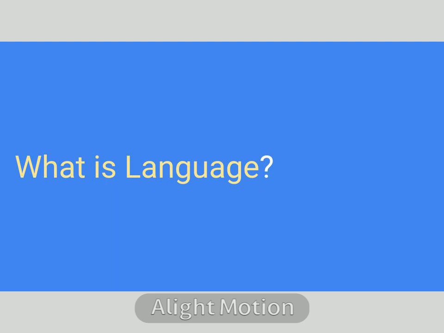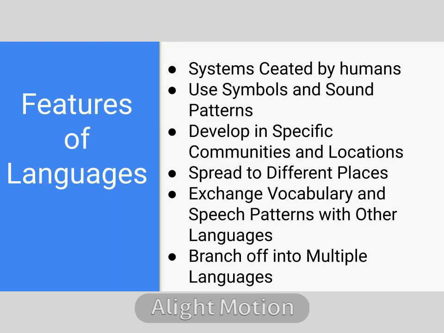Now, there is no single static definition of what language is. Languages are largely considered to be man-made systems developed in order to represent one's thoughts and experiences to other members of the community. Human languages use different kinds of symbols and sound patterns in order to represent some thought or some item, something abstract or concrete.